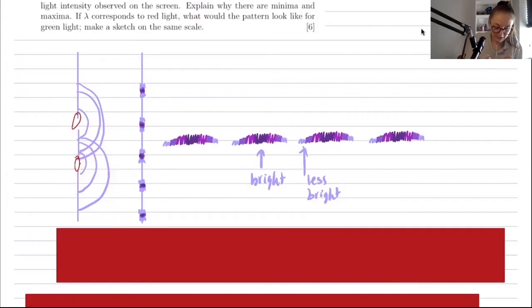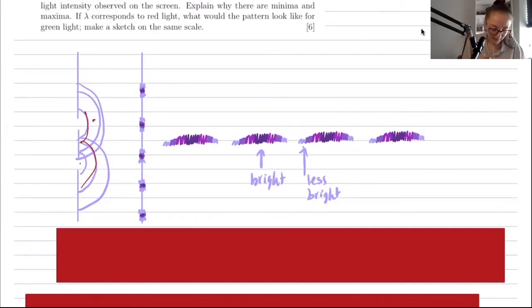Where these lines cross from the two different slits, those would be where peaks meet peaks, and essentially where constructive interference will happen. And then the middle of these two lines in the space, those would be where two troughs meet, so that would also be constructive interference.